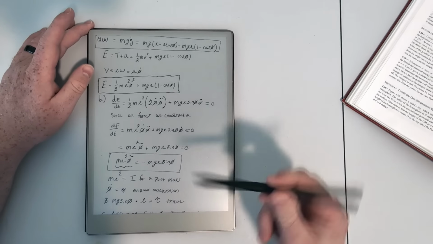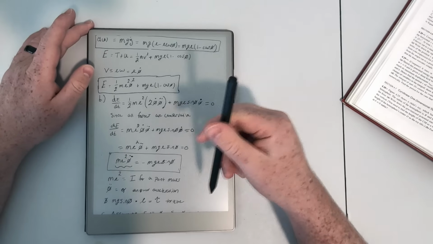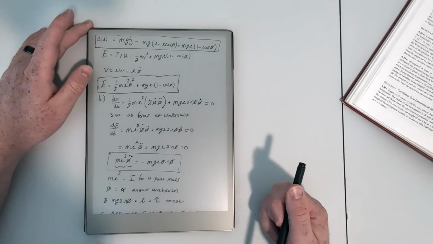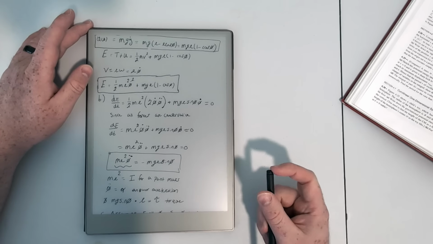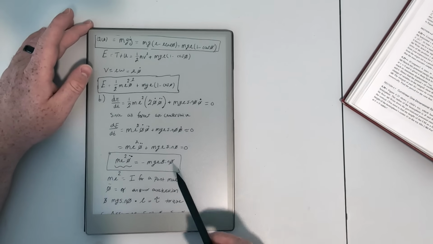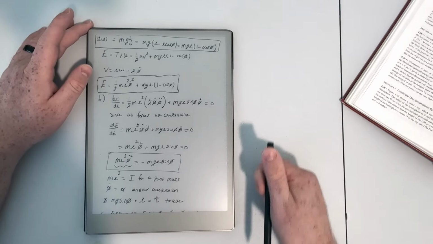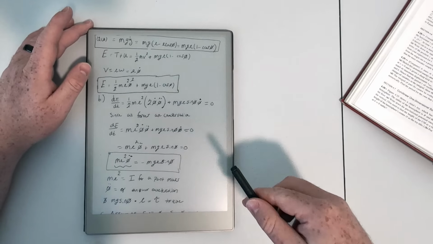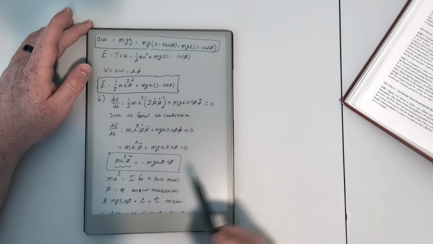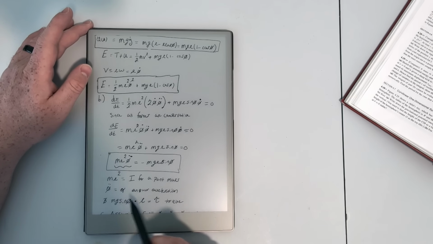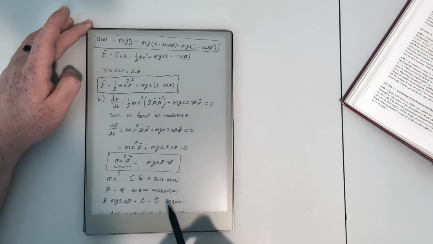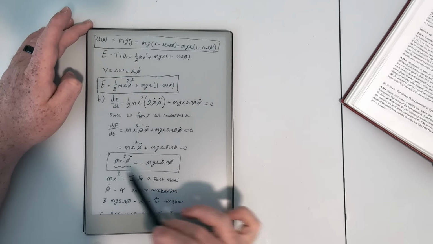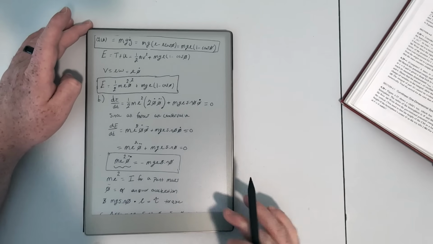So L is the distance, and mg sine phi is the component of gravity perpendicular to the rod. So this is the force times the length of the rod. So that's just the torque. So what we found here is that the torque is equal to I alpha, which is exactly what we were trying to find.